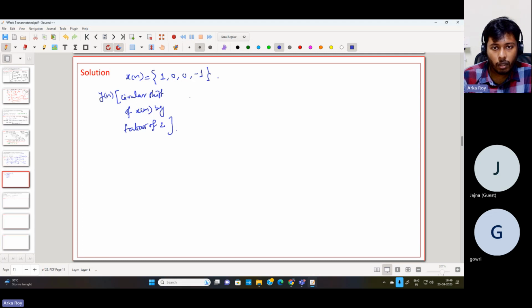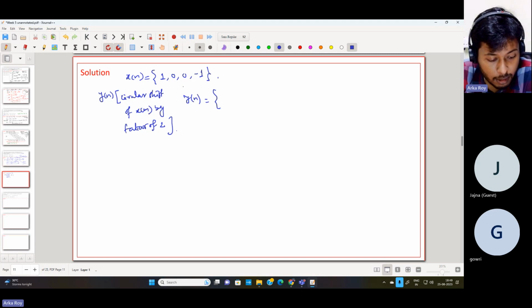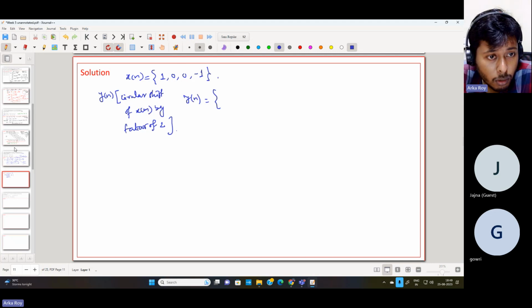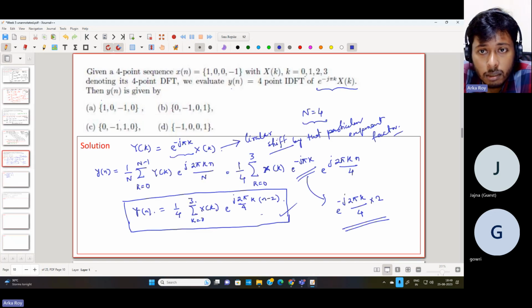So therefore, let us consider that. So what we need to find over here is the sequence of y[n].